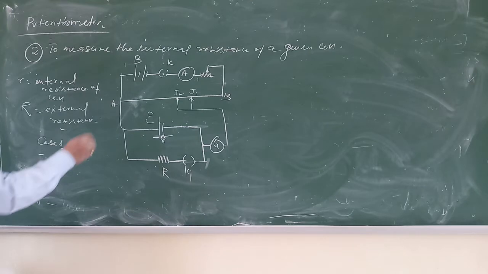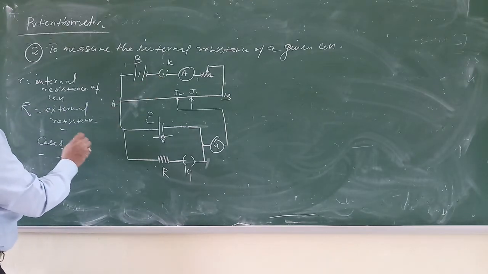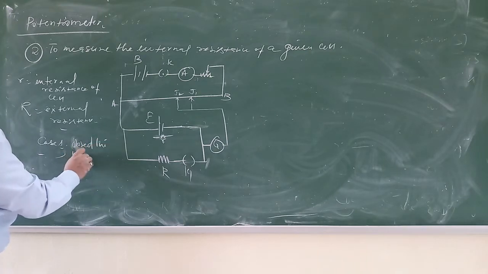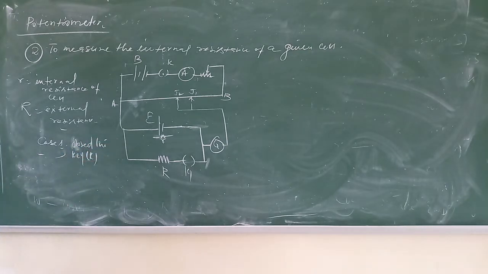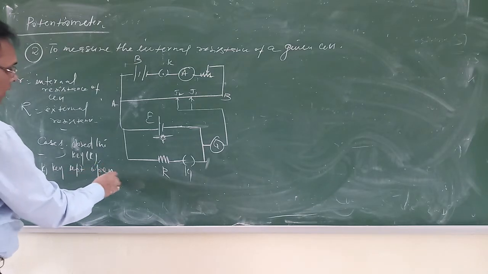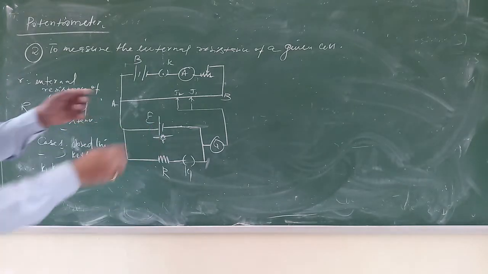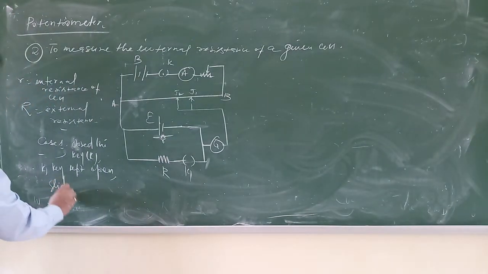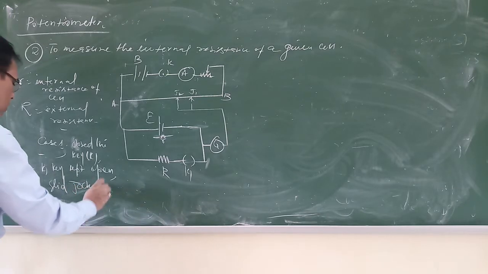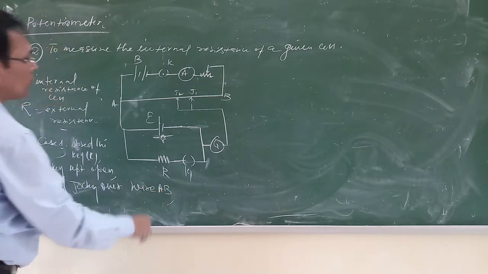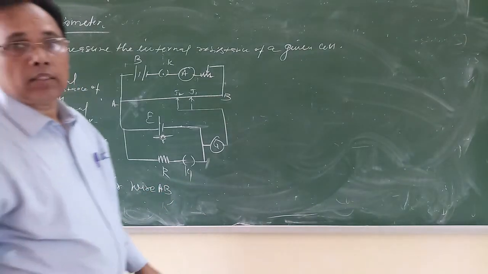In the first case, close the key K, and key K1 is kept open. Now slide the jockey over the wire AB, then you will get a balancing length.